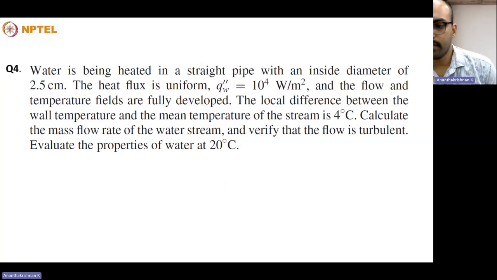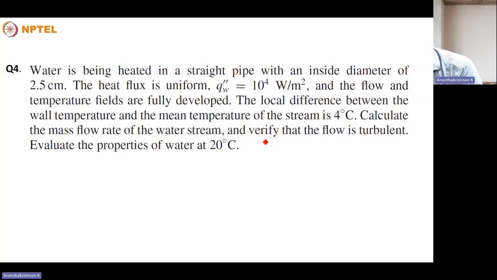So we can try to attempt this problem. It's a straightforward problem. We need to calculate the mass flow rate. For that we need to use some kind of correlation to get the heat transfer coefficient, and from that the Nusselt number.